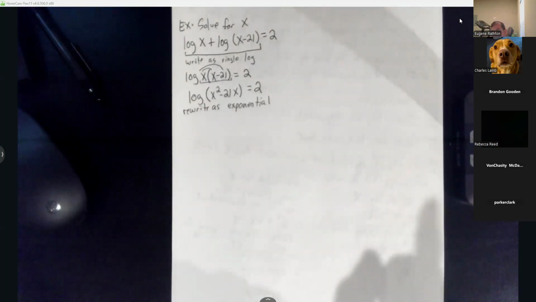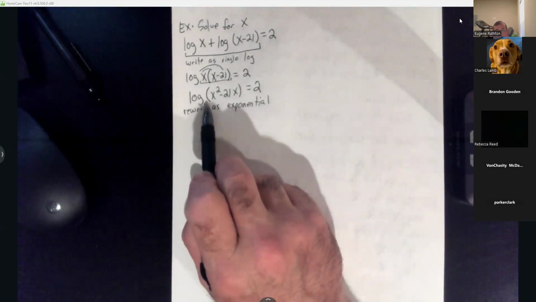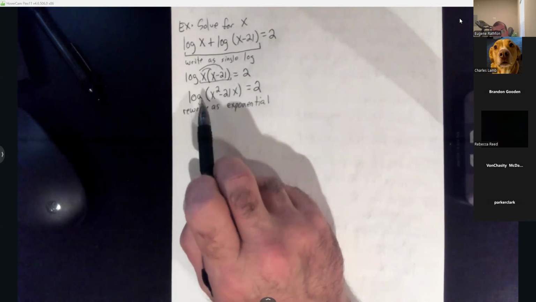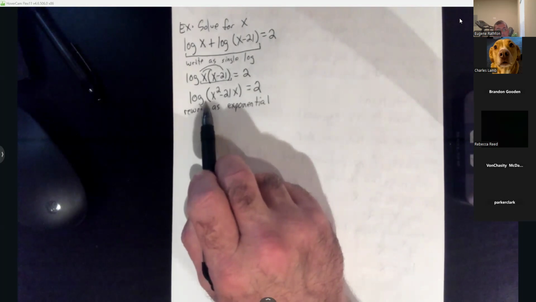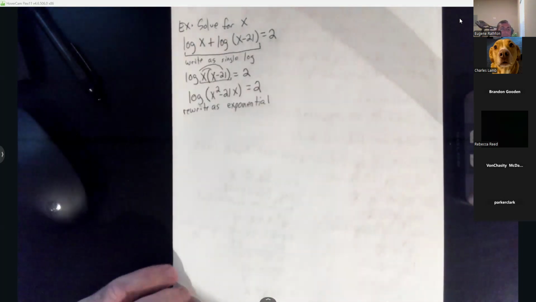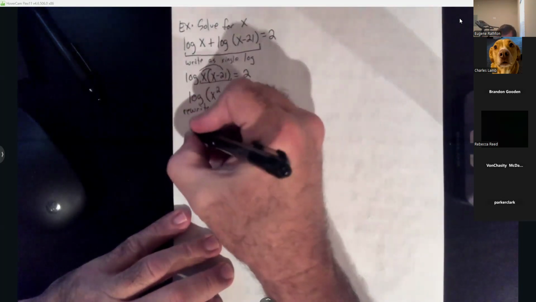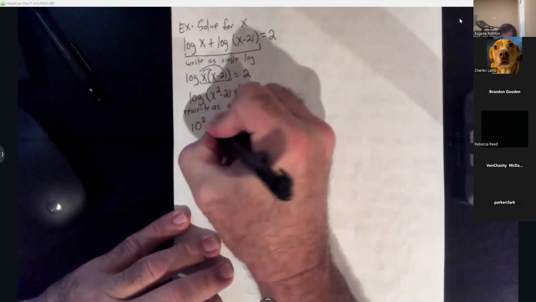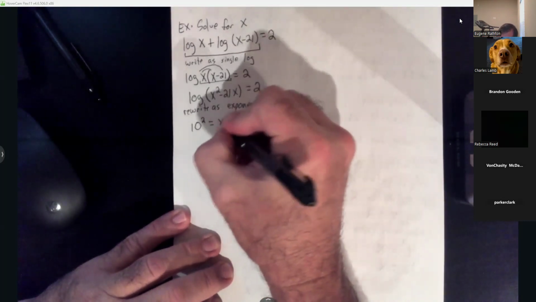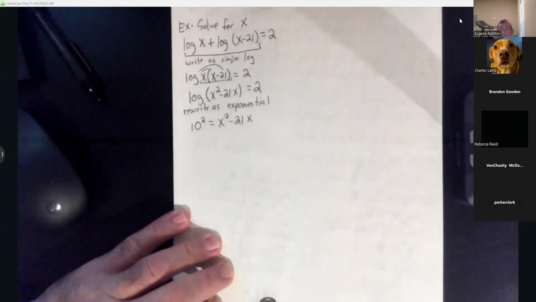But y'all, I need y'all to figure something out for me. This log does not have a base by it. So what is the missing base for this log? Ella, that is 10, perfect. So that's going to be 10 squared is going to equal the x squared minus 21x.